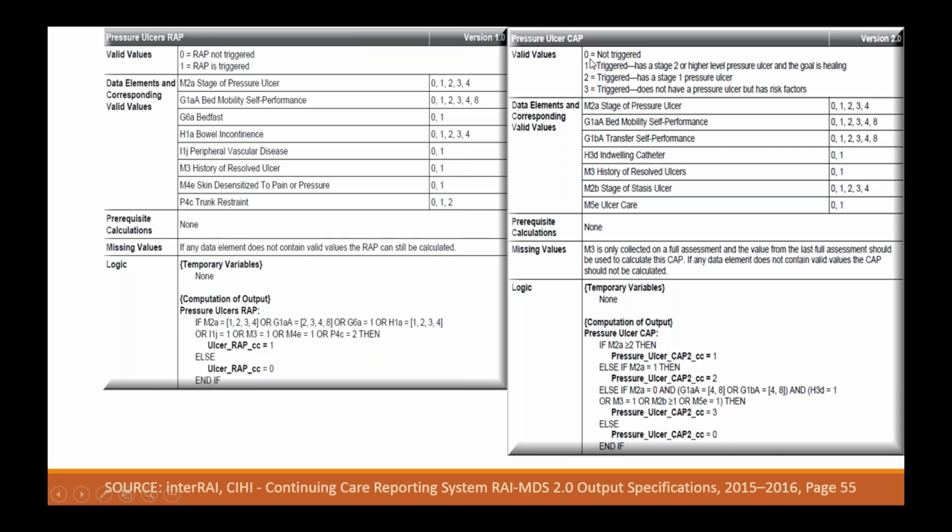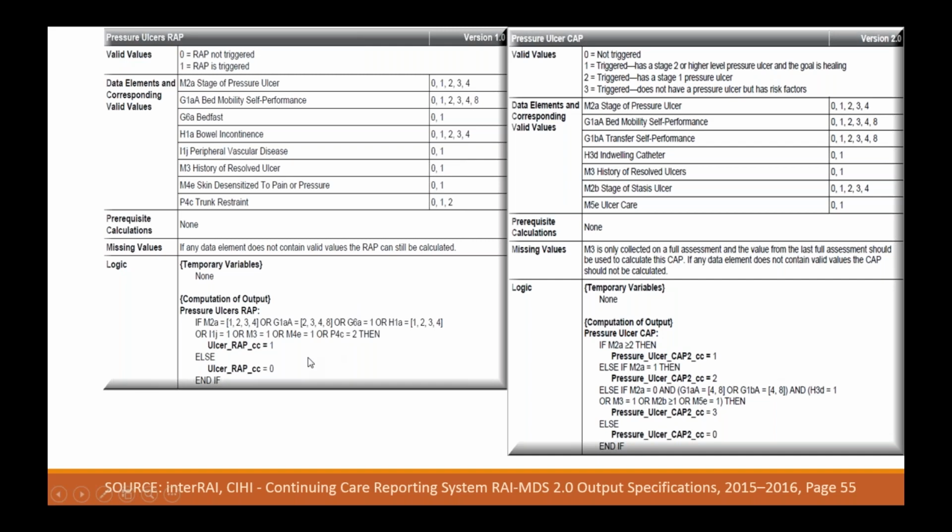So it's not triggered; it's triggered, that is you have a stage 2 or higher ulcer, okay? It's called a 2 trigger if you have a stage 1 ulcer. A 3 trigger does not have an ulcer, but they have risk factors. And we're going to look at these just very quickly.